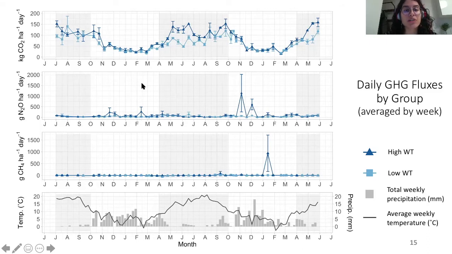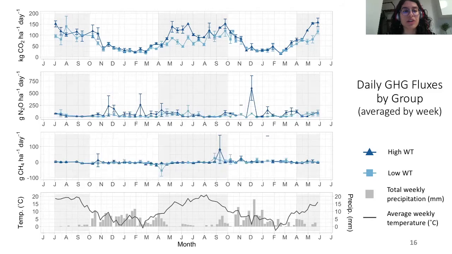And then for nitrous oxide, we can see that there are peaks, spikes happening in the fall and the winter for both years. And for methane, there's a really large spike here happening in the winter as well. And so when I zoom in and I change the scale of these two graphs, we can see that there are also other nitrous oxide spikes happening from April to June, which is when the farmers usually apply their split nitrogen fertilizer applications.